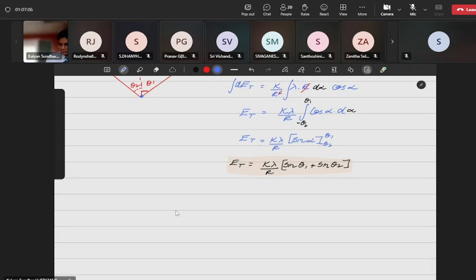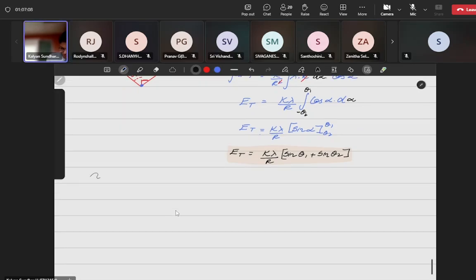Now, next one is about electric field due to a ring.